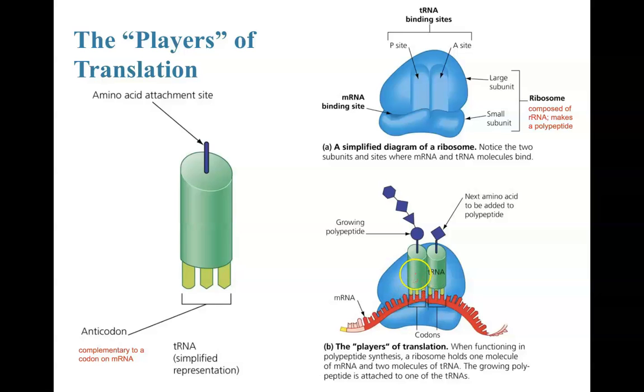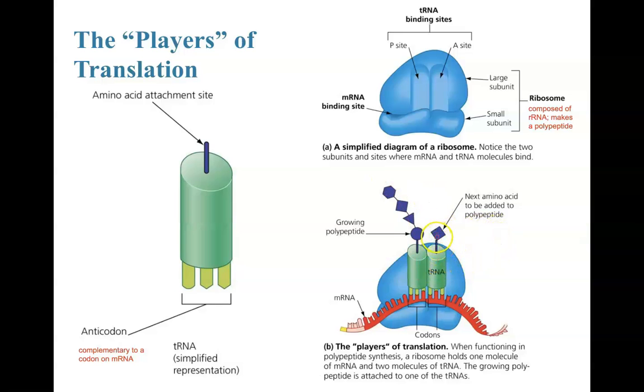The tRNA, I can see, is located in the P site here. It has a growing polypeptide chain. Each amino acid, seen in these different shapes here, gets added, growing the polypeptide. So this is the elongation site where it's growing. The A site on the ribosome brings a new tRNA.